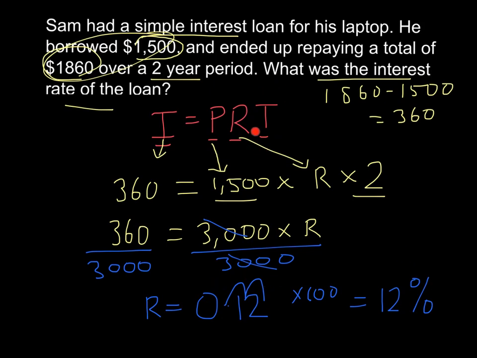Finally, the time in simple interest must be in years. So just be careful if it says that they do it over a 24-month period, you'd need to change that into years. That would be 2 years. If they said it was over a 36-month period, change it into 3. Simple interest, the time must be in years.